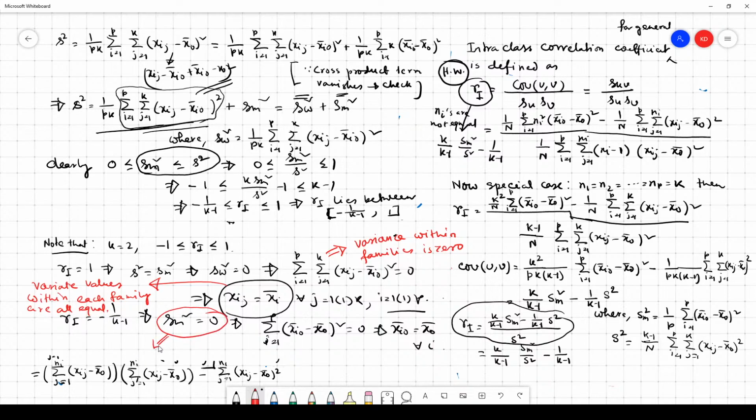This means the variance between families is 0.